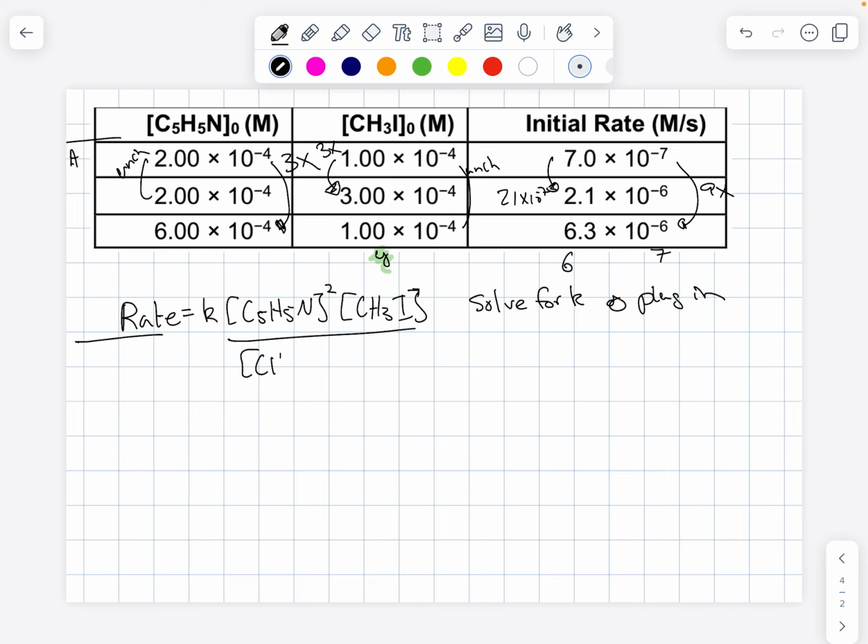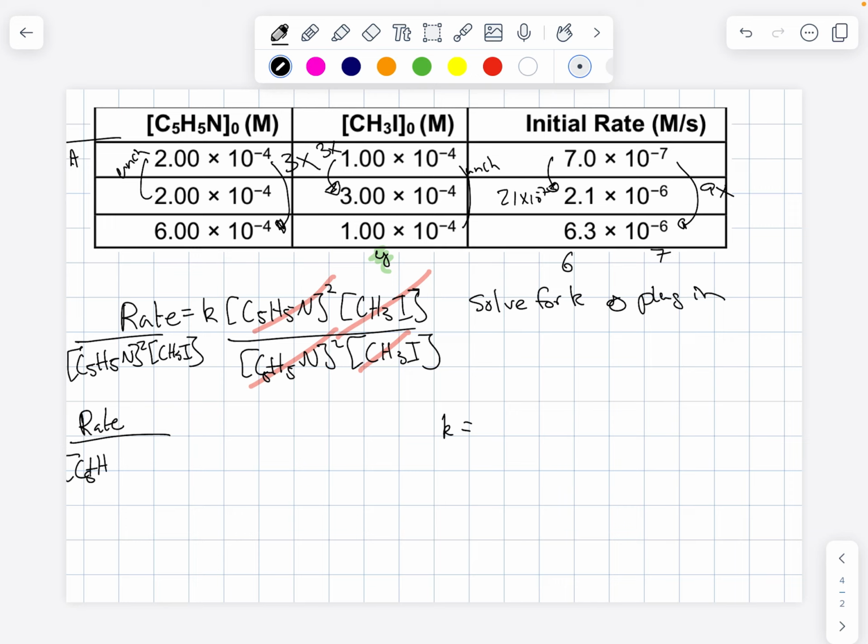So in this case, divide both sides by C₅H₅N squared times CH₃I, and that will make all of this work out nicely. Now I have k is equal to rate over C₅H₅N squared times CH₃I, which is equal to, if I plug in, I'll just arbitrarily pick trial A. So the rate was 7.0 times 10 to the negative 7, so that goes in there.